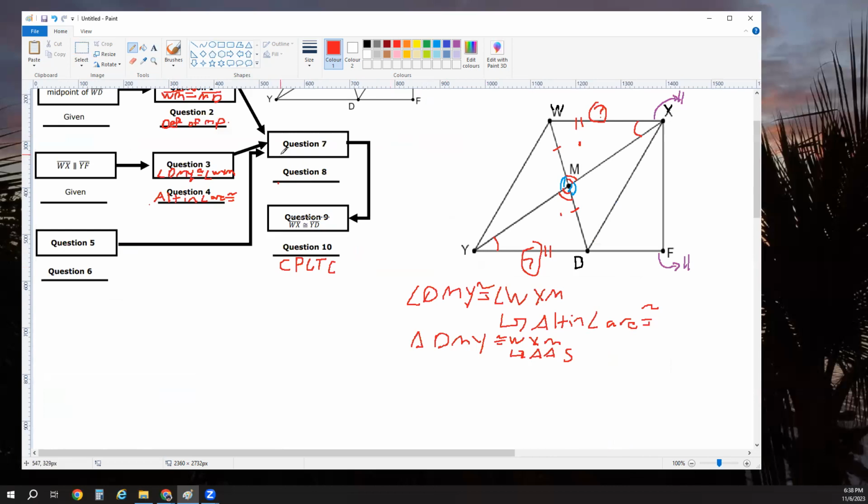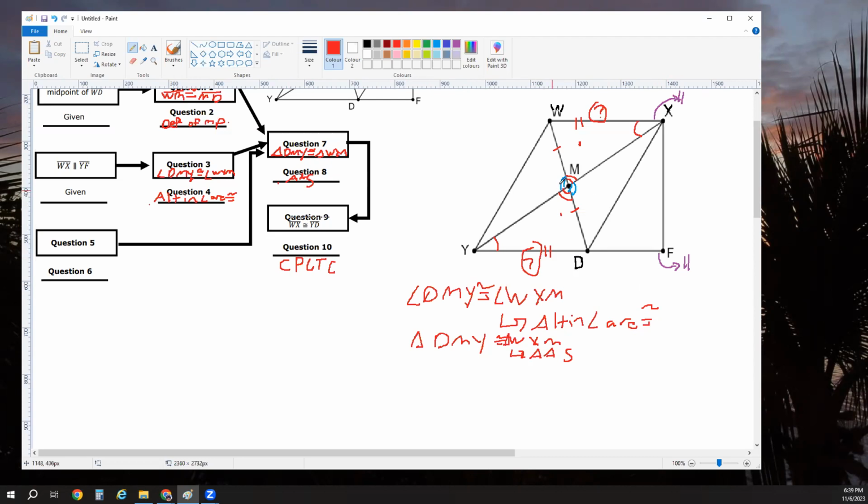The triangles, triangle DMY is congruent to triangle WXM, because of angle side. So what are they saying?